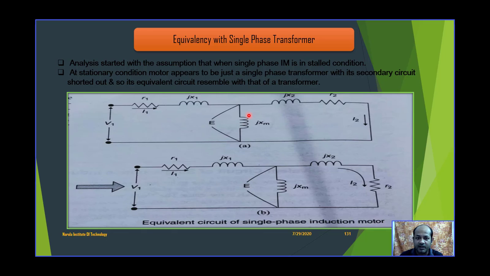So the higher value of magnetizing current forces the equivalent circuit to consider this shunt branch as jXM. So this is the equivalent circuit of the single phase induction motor whose secondary or rotor is shorted, because the rotor is in standstill condition, meaning the rotor is not moving, so it is shorted, similar to the single phase transformer at short circuit condition.